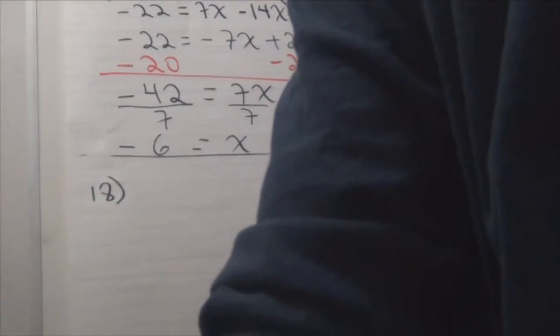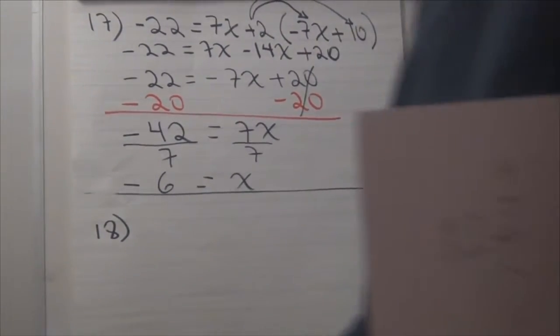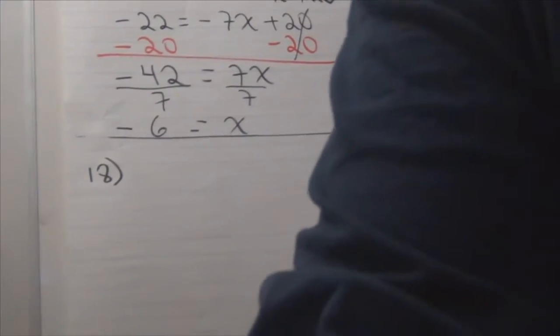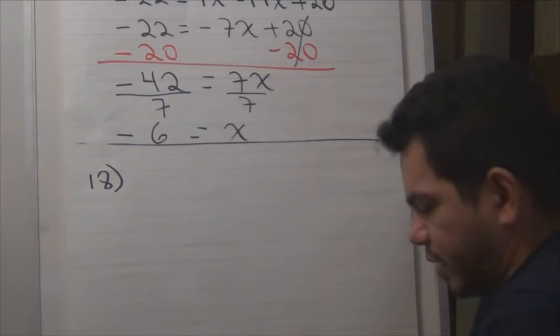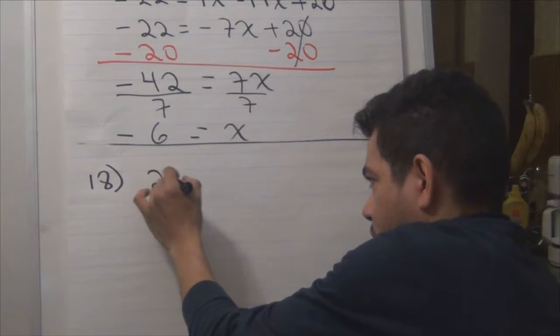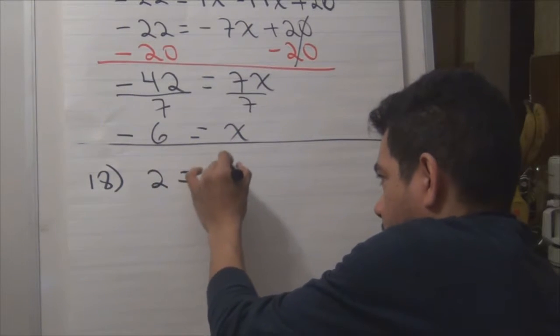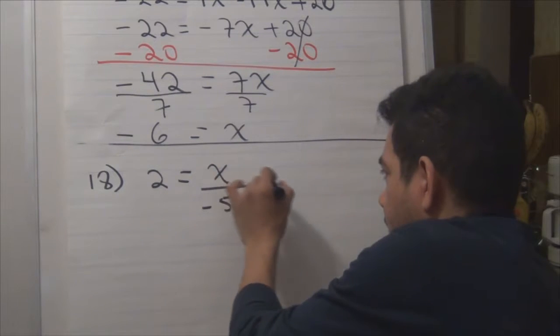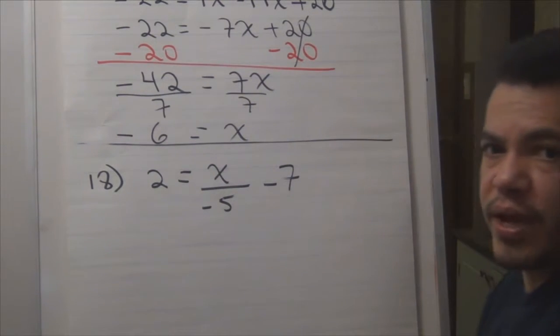Hopefully that's enough. No, it's not enough. Okay, hopefully that will be enough. All right. So we have 2 equals x over -5 minus 7. So that's what we have.